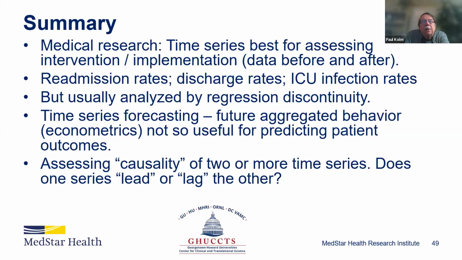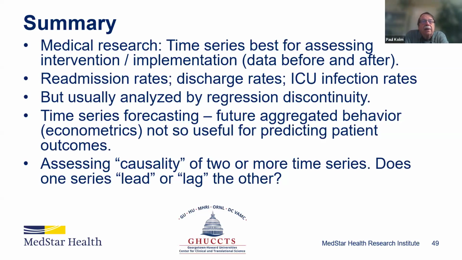Time series forecasting, because that's what is typically done in econometrics, is being able to predict future values of stocks or whatever you might be interested in. As far as forecasting patient outcomes, that's not particularly useful.